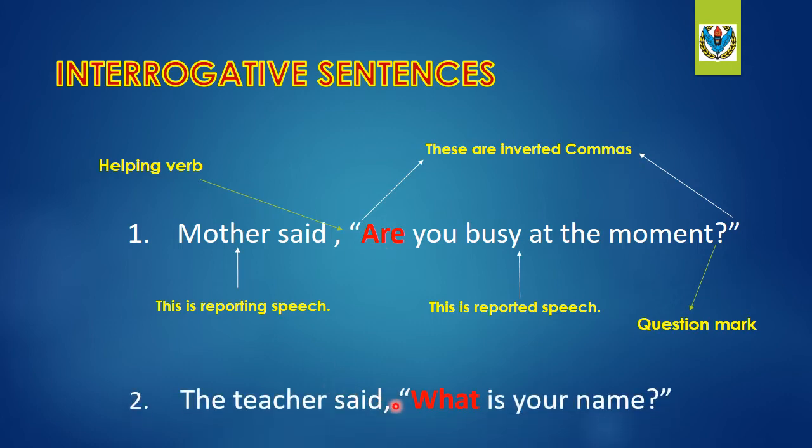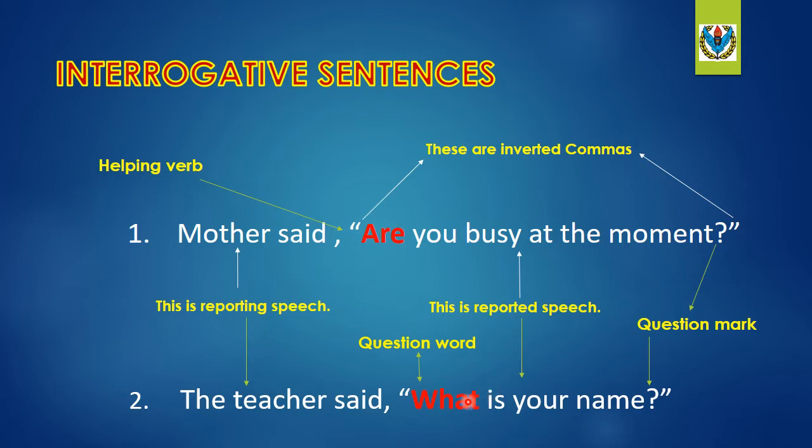Look at the second sentence. It also has a question mark. It has reporting speech. It has reported speech. It has a question mark. And it has a question word.